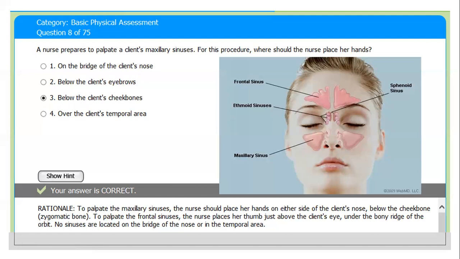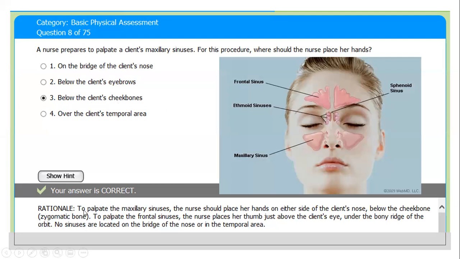There are two large maxillary sinuses, one in each of the maxillary bones. Here we have two maxillary bones, which are in the cheek area next to the nose, right? So below the client's cheekbones.